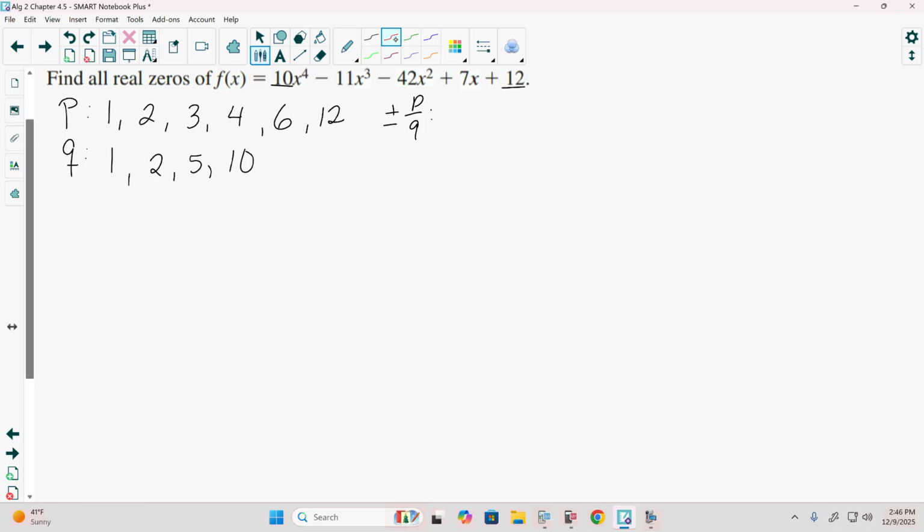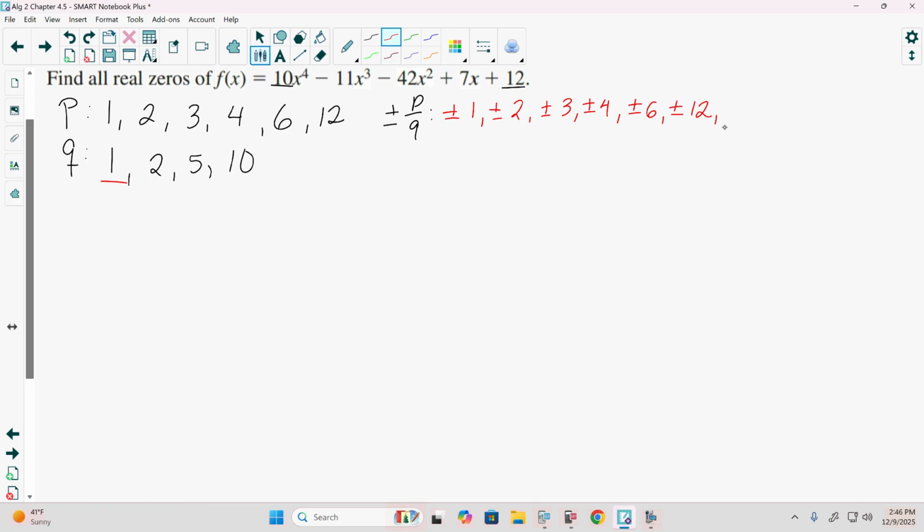Questions on how we found the factors of P and Q? And when I list them out, I always start dividing all the values of P by the first value of Q. We're going to divide everything by 1, yes? Which is just going to give us what? Plus or minus 1, 2, 3, 4, 6, and 12.